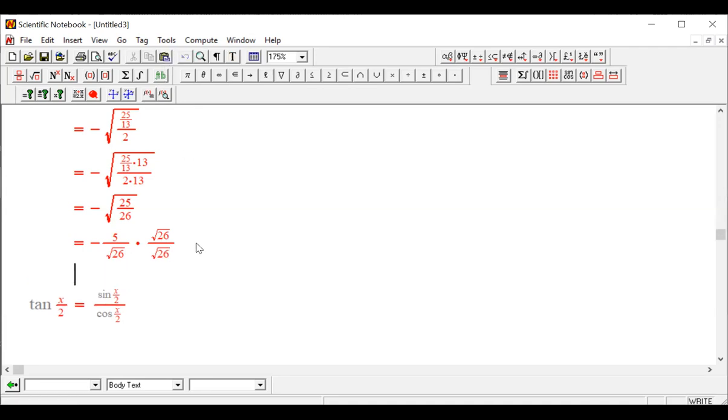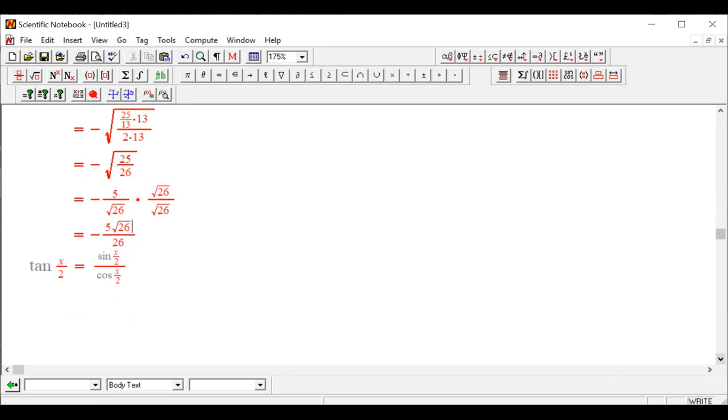So in the end, we have negative 5 root 26 over 26. You can write it this way, and of course you can write it that way too. Doesn't matter. Same thing.